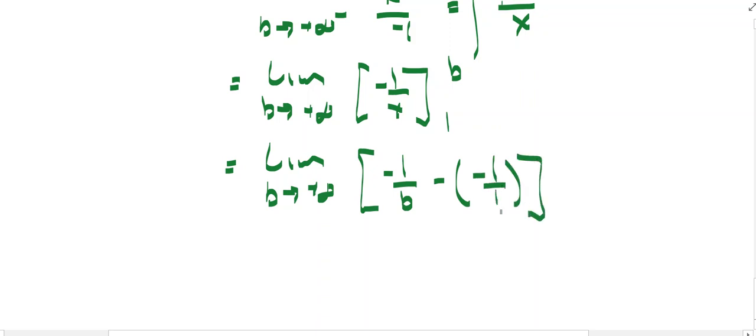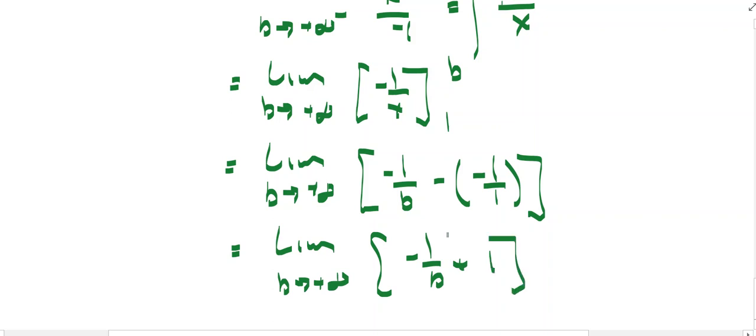Again, you can either physically break these into two separate limits, or you can at least mentally break them up. I will leave it as one, but mentally I'm thinking of it as two. We have negative 1/b plus 1 here, essentially. So the limit of the negative 1/b term, now b is getting infinitely large.